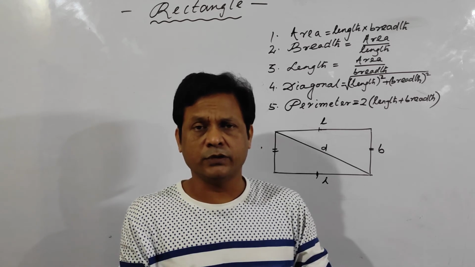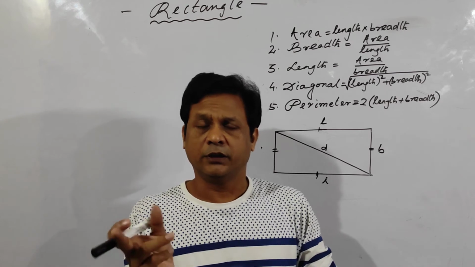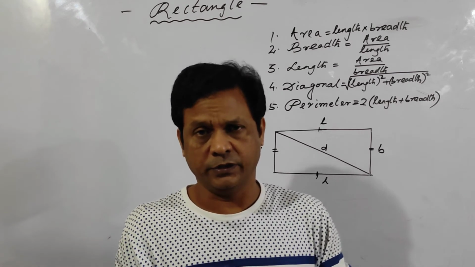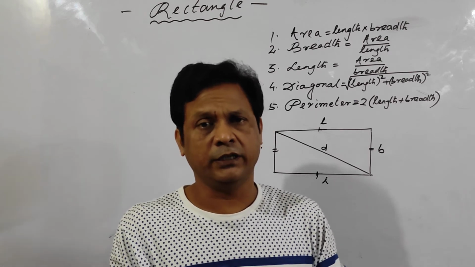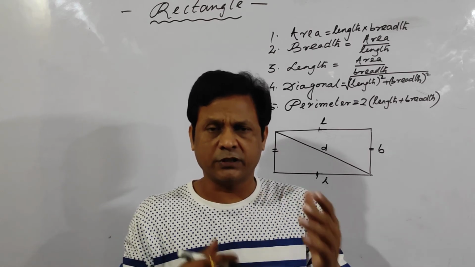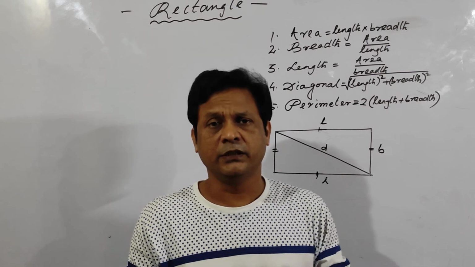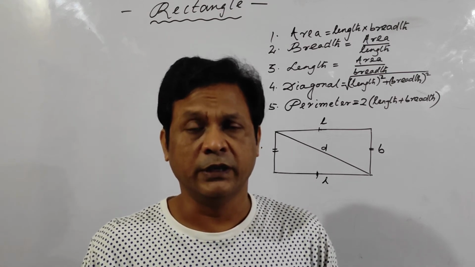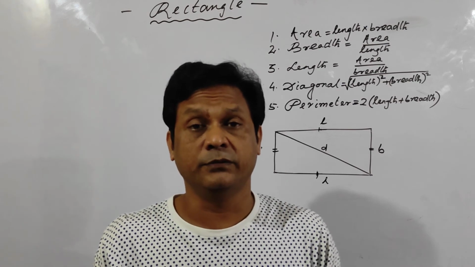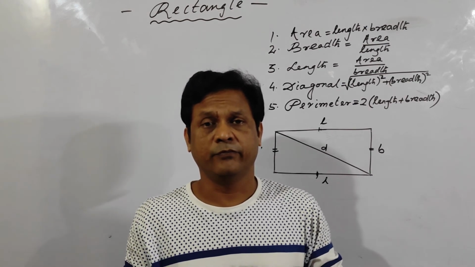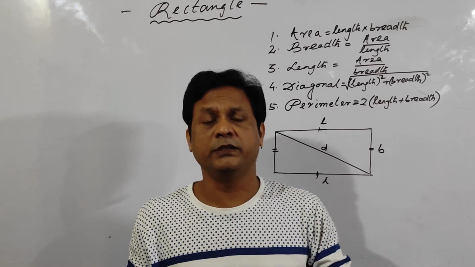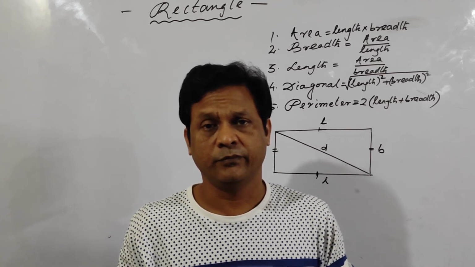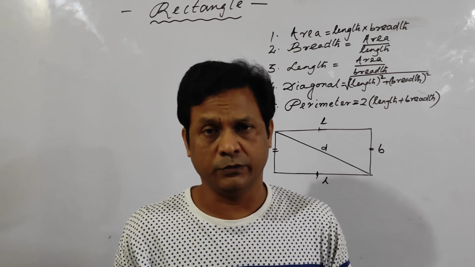Do 10 questions every day on multiplication and 10 questions every day on division, and check in the calculator. After 15 to 30 days, you will see you will be very thorough on division and multiplication. After that, it will become very easy. You will see mathematics will become very easy after that. Otherwise, it will take too much time, which will be a problem for you.